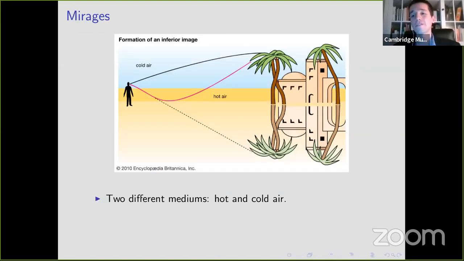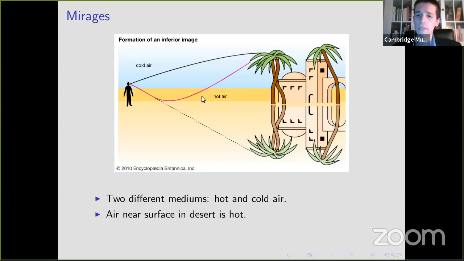There is another effect of refraction which is perhaps less familiar, and that is the phenomenon of the mirage. And the two different mediums that I was talking about before are here hot and cold air. So one medium being cold air and the other one being hot air.